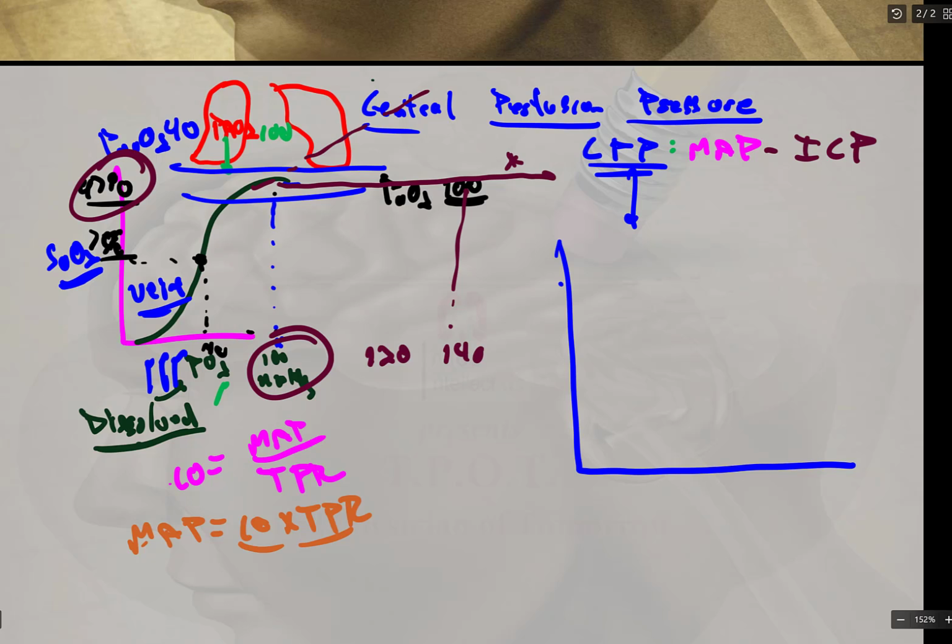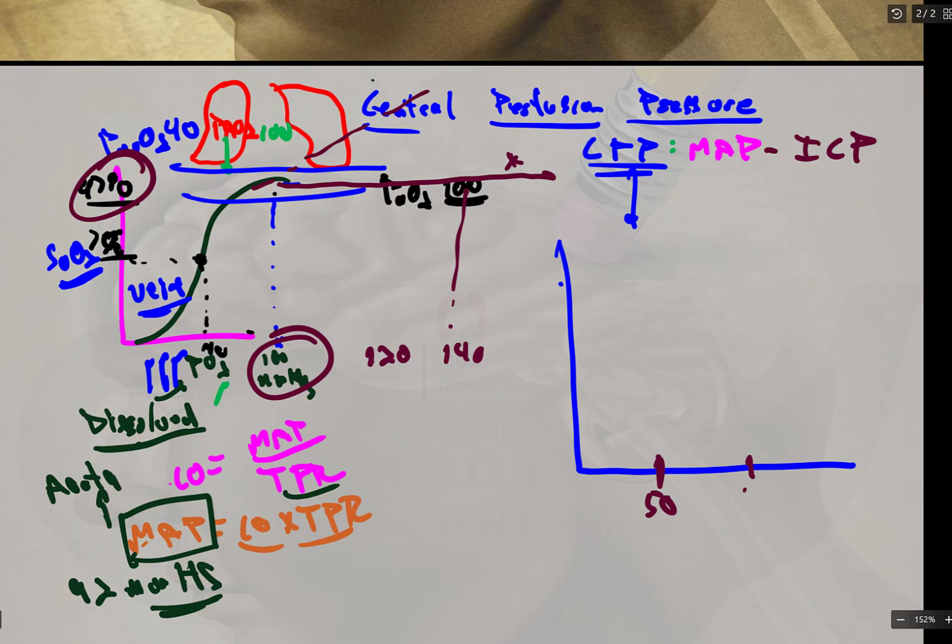Now that mean arterial pressure, in which we have TPR, is for systemic circulation, and it's taking the pressure from the aorta, which is approximately 92 millimeters mercury. So with cerebral perfusion pressure, what we're going to do is make a range between 50 to approximately 100, then 150, and go all the way up to 200.